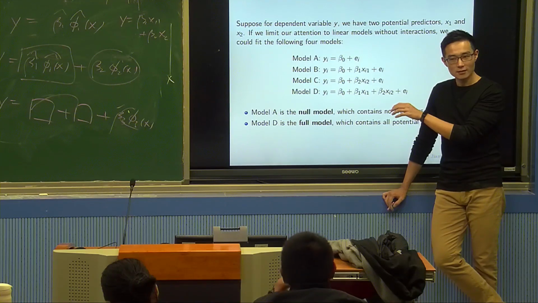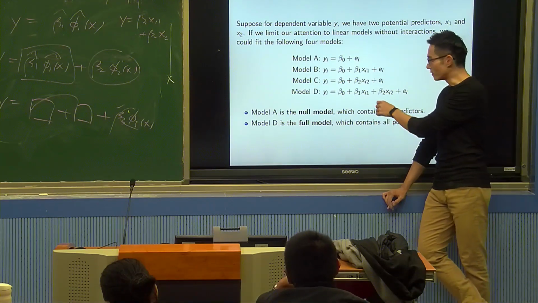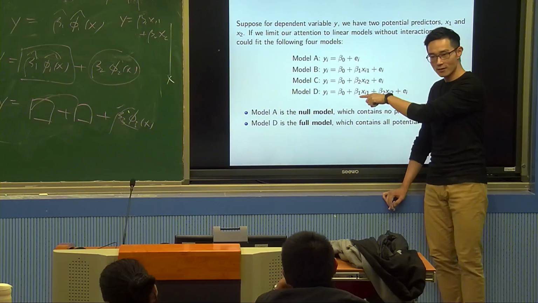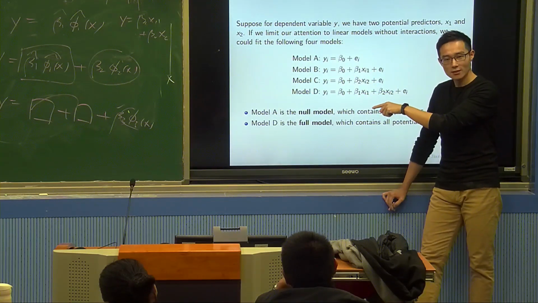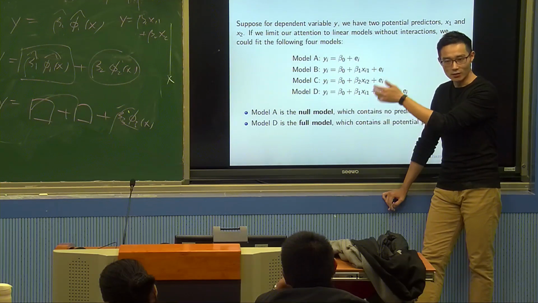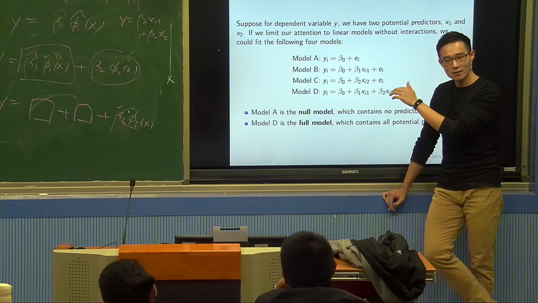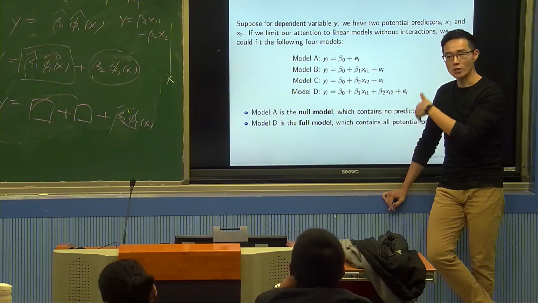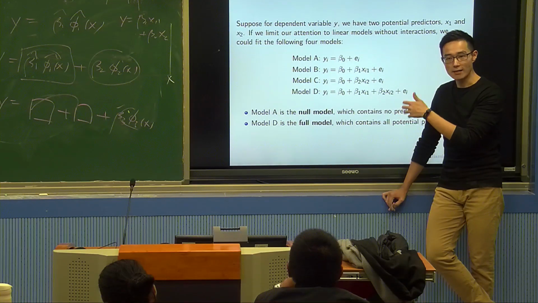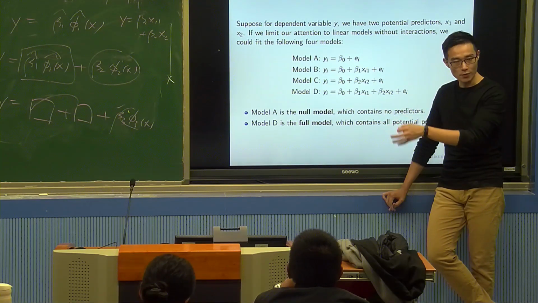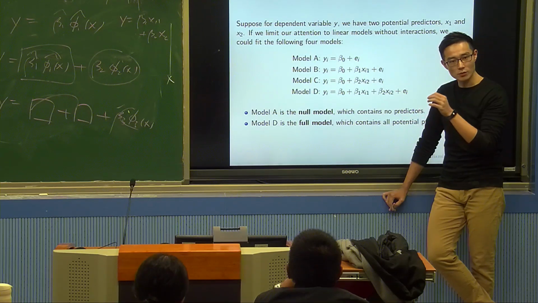The reason is, when we only have 2 x's, x is 2-dimensional, I have 4 models. If x is 50-dimensional, how many models do I have? 2 to the 50. I don't even know how many digits that is. If you want to compute all of them, it takes a huge amount of time, so optimization is too hard. When optimization is too hard, meaning you cannot simultaneously compute all the models and select the best one, we use the forward stepwise algorithm.